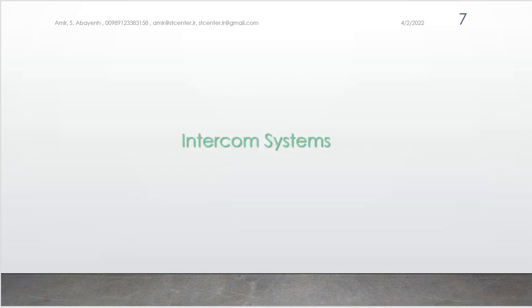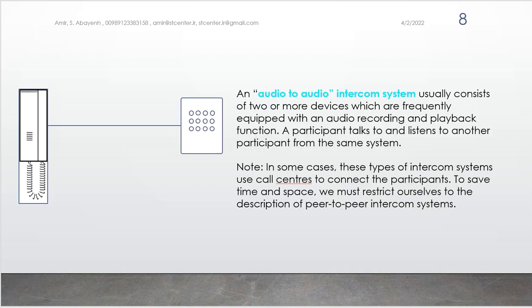Then, the next multimedia system that we want to consider is intercom systems. The simple intercom is audio to audio. It usually consists of two or more devices which are frequently equipped with audio recording and playback functions. You pick up the phone and call some station in your building and you have two-way communication based on sound with the destination.